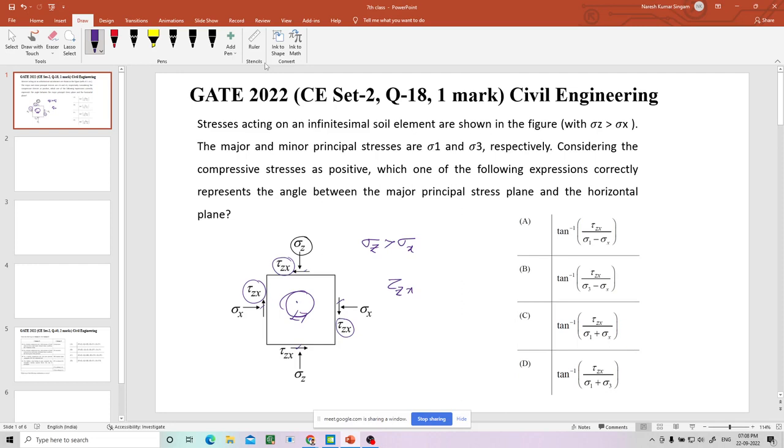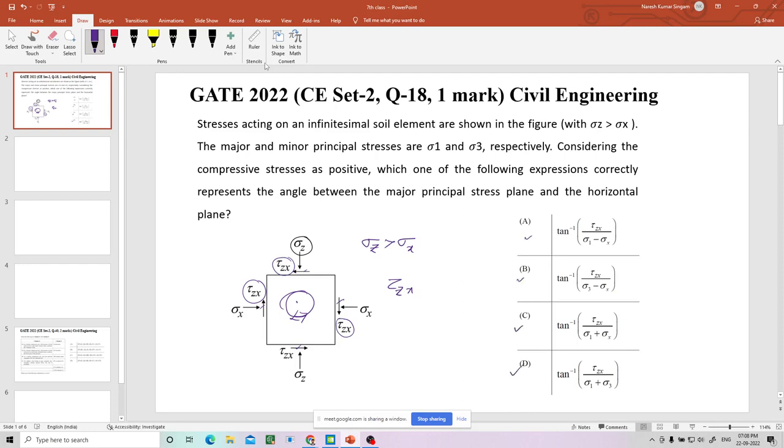And then coming to here, sigma z is more than sigma x. Because of that and because of the shear stresses, many stresses will be developed in the different planes of this element. Now for knowing which one of the following expressions correctly represents it, there are 4 expressions given, right?